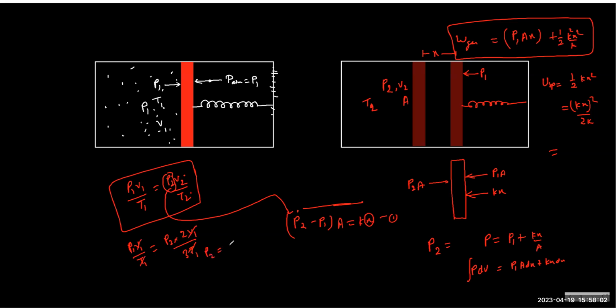So P2 is how much? 3 by 2 P1, right? Okay, X is given to us. What is X here? Yeah, that's an easy one. So we can also write X as V2 minus V1, which is how much? AX only, no?